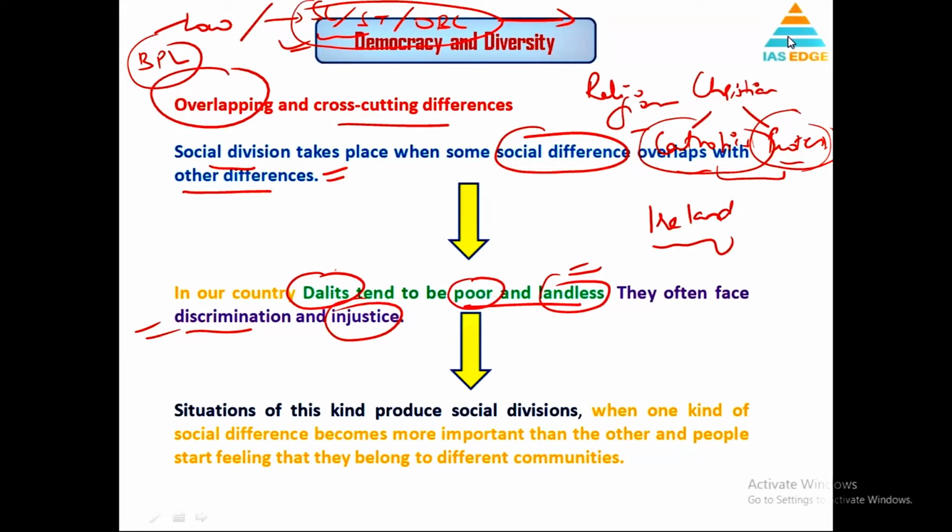In UP, you will find Dalits vote for the Bahujan Samaj Party, BSP. In Maharashtra, they might align with the RPI, Republican Party of India. In other parts of India, they might vote for Congress more. In Delhi, they voted for the Aam Aadmi Party. So the point I want to make here is that there is social difference, then social division, and then that leads to political division.